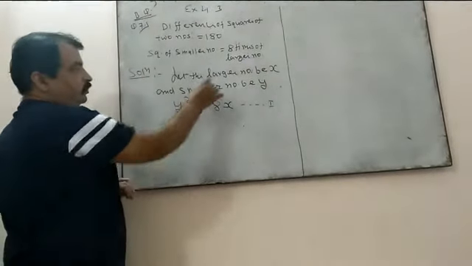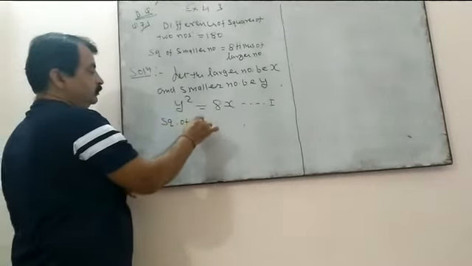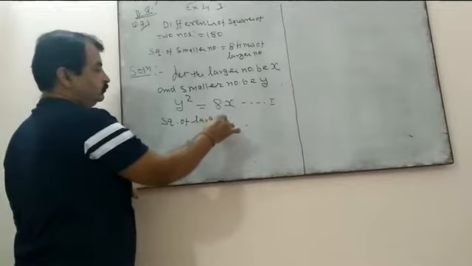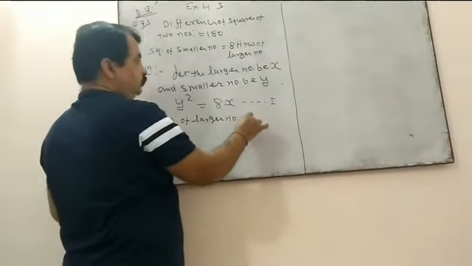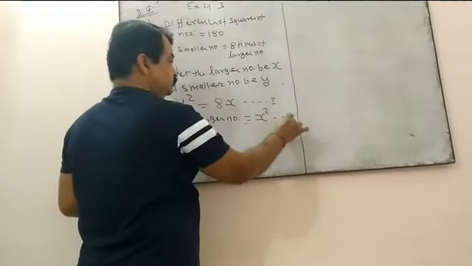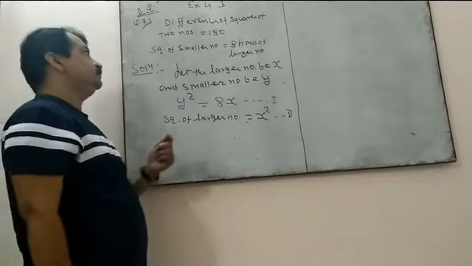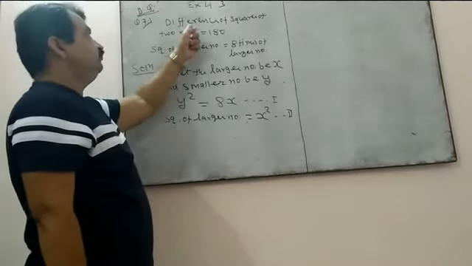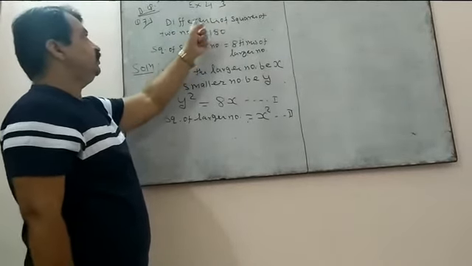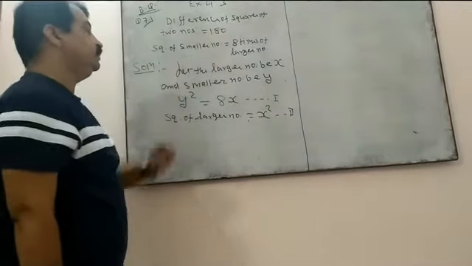And the square of the larger number, equal to the larger number we assumed x, so its square will be x square, right? And the difference, now come to the first statement. According to the question, the difference of the squares of the two numbers is given as 180.